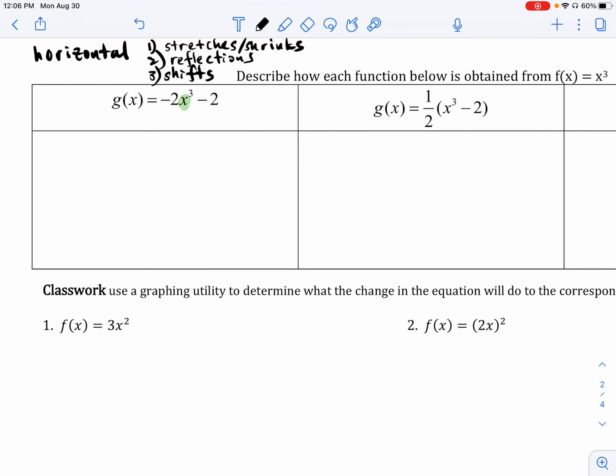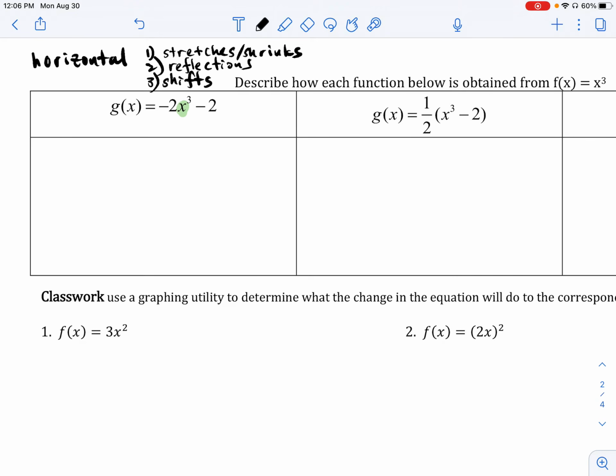So do the horizontal stretches and shrinks first, then reflections if it applies, then any shifts, and then move on to the same order for vertical. So describe what's happening with our arguments first before going into the vertical transformations. And this might make more sense when we actually see some problems.